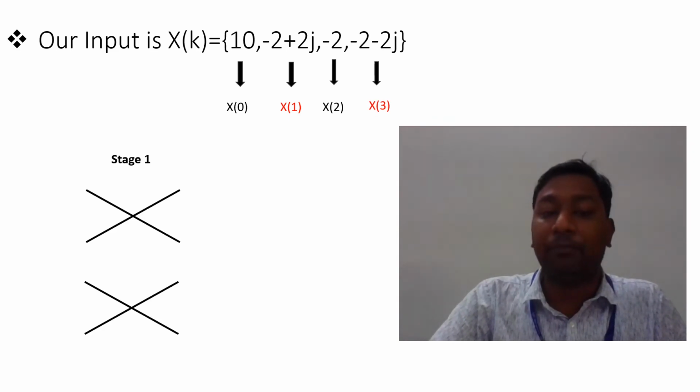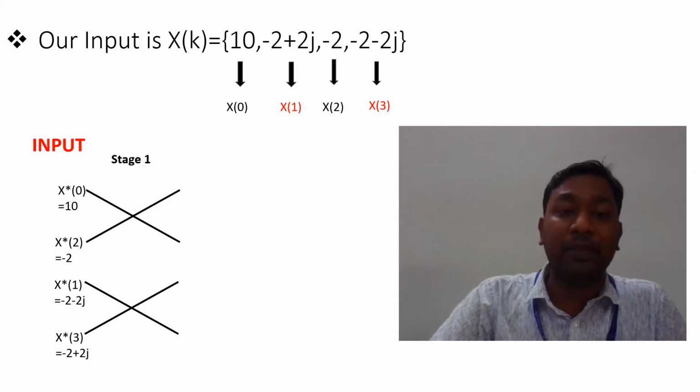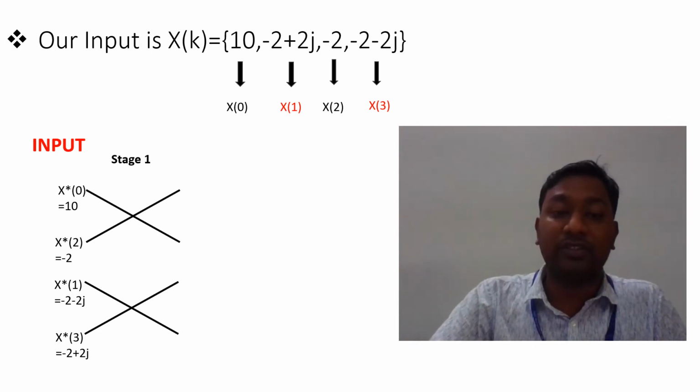For the butterflies of stage 1, the input will be x conjugate of 0, which is the real value 10, so no changes. x of 2 is minus 2, also a real value. There is no imaginary part in x of 0 and x of 2, so the values stay the same. But x of 1 and x of 3 have imaginary values, so we write minus 2 minus 2j and minus 2 plus 2j. So those are the inputs to the butterflies in complex conjugate form.